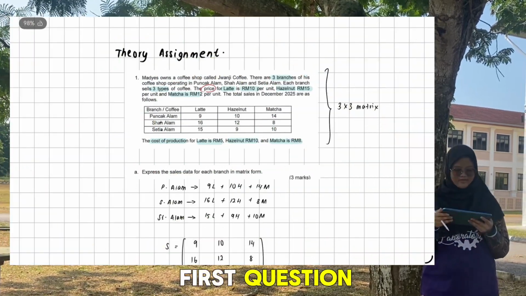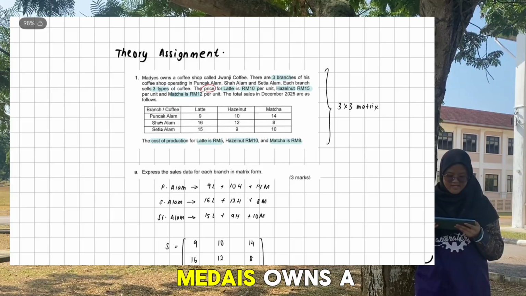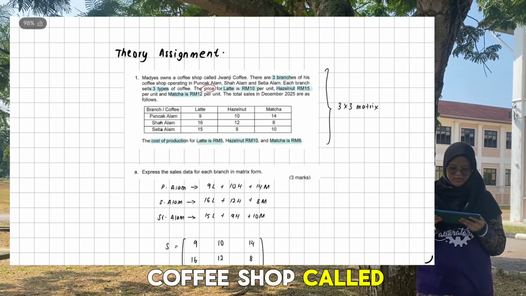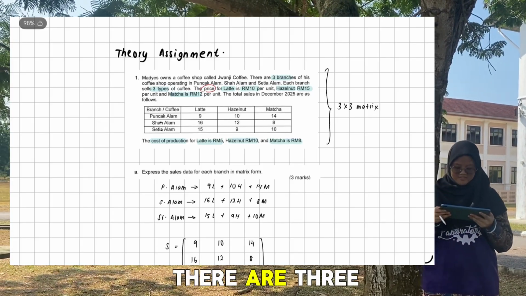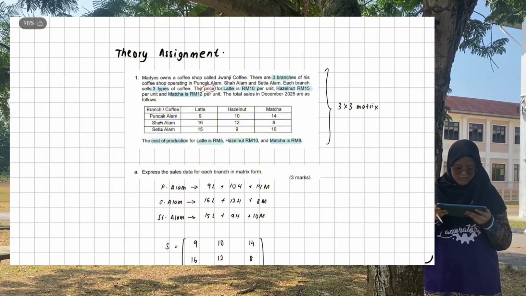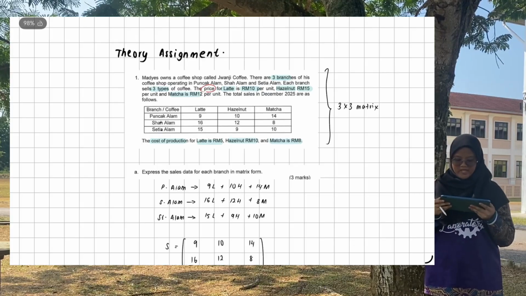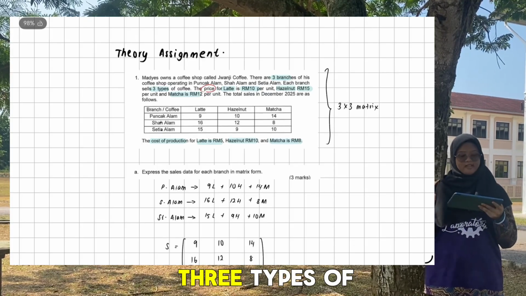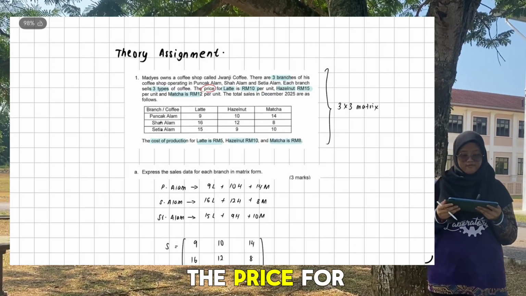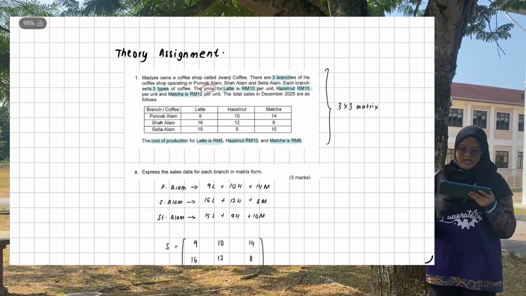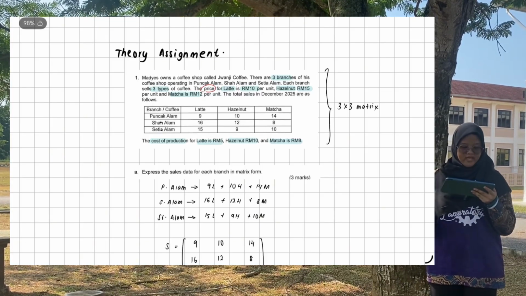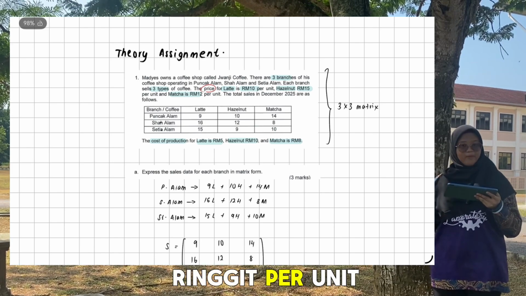Okay, for the first question, it says that Medai owns a coffee shop called John G Cafe. There are 3 branches of his coffee shop operating in Puncak Alam, Shah Alam, and also Setia Alam. Each branch sells 3 types of coffee. The price for the latte is 10 ringgit, hazelnut is 15 ringgit, and matcha is 12 ringgit per unit.